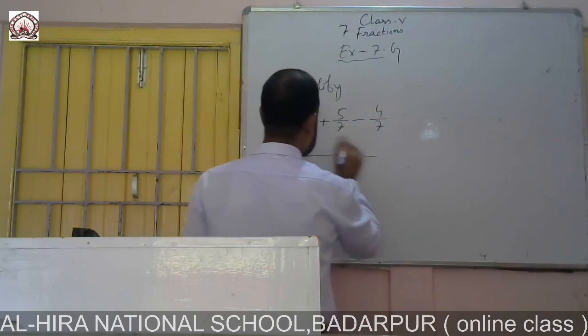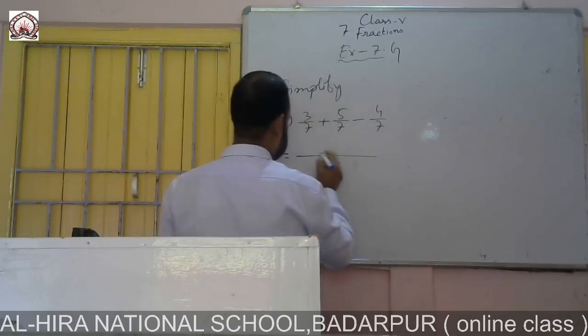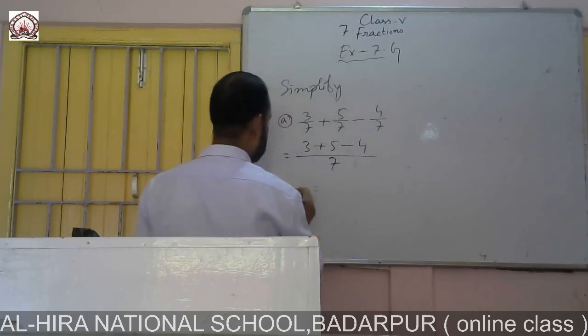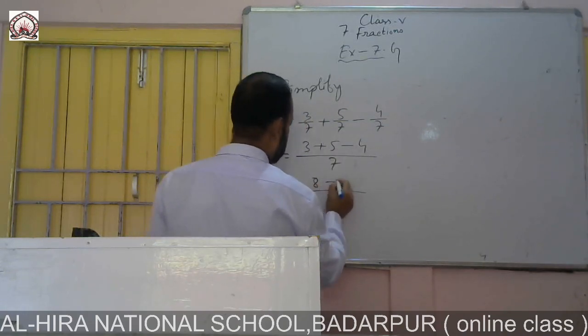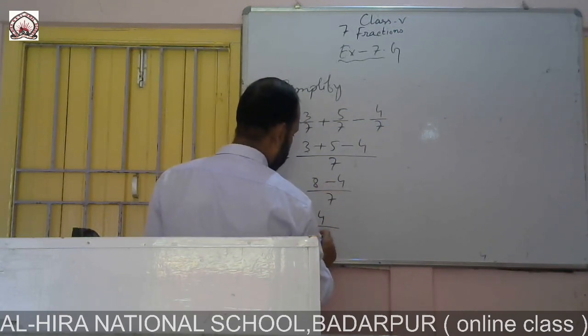So here all denominators are the same, so we take only 1 seven. 3 plus 5 minus 4. 3 plus 5 equal to 8 minus 4 by 7. So here 8 minus 4 equal to 4 by 7.